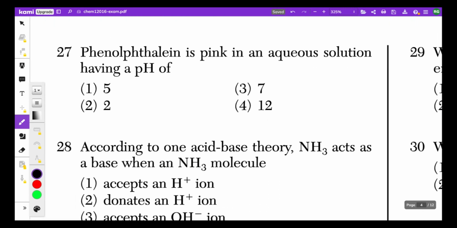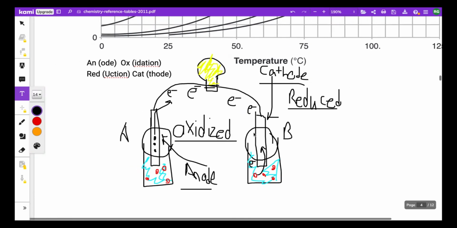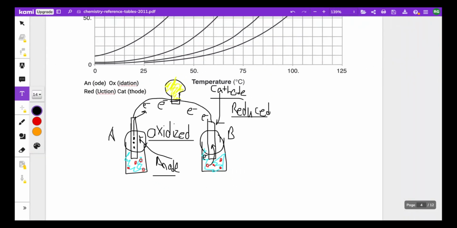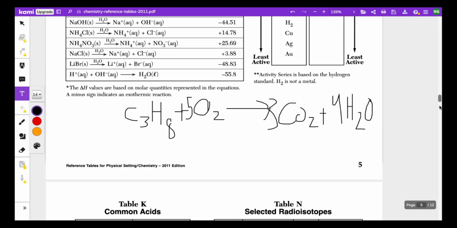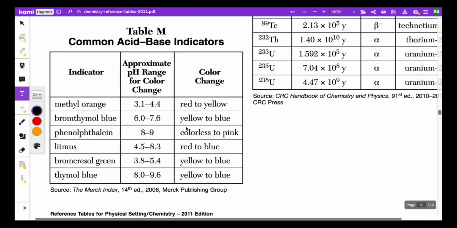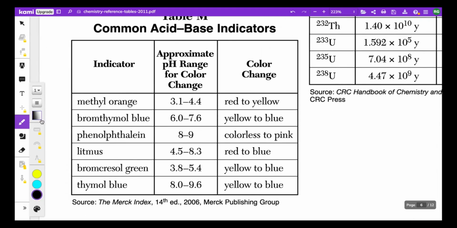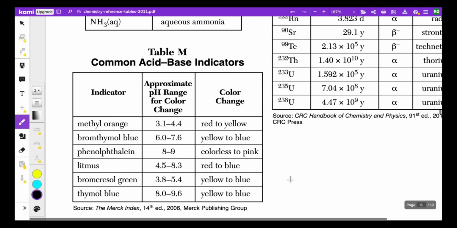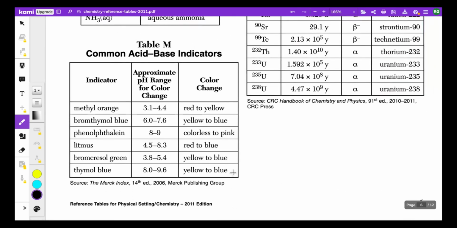Phenolphthalein is pink in an aqueous solution. What? Okay, this one's all about how to read indicators, and you look at Reference Table M. Indicators are used for titrations. Now, there's probably going to be a problem on titrations later, so I'll probably explain that there.